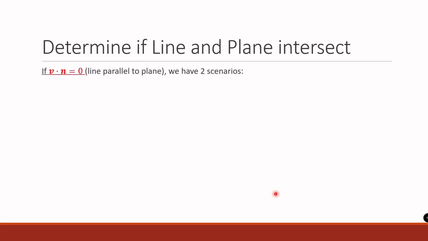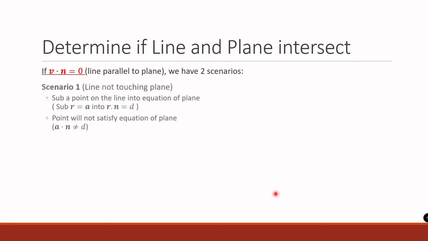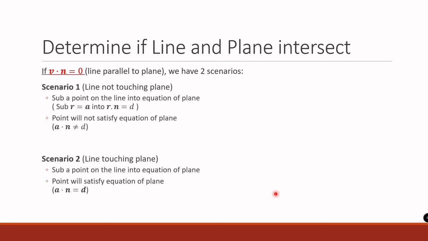Even if it's parallel, there are two scenarios. Scenario 1 is that the line is not touching the plane. If it's not touching the plane, then it will look something like this. The plane is here, it is parallel but not touching. So how can we check? It's simply to substitute a point on the line into the equation of the plane to see whether it satisfies the equation of the plane.